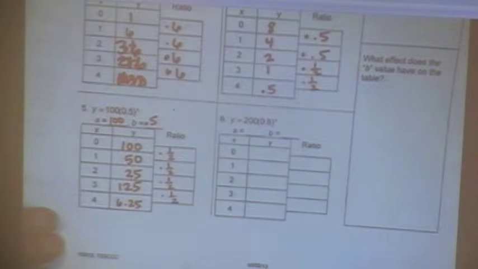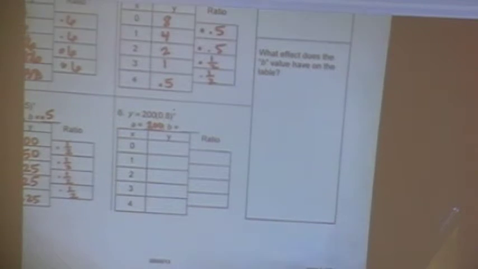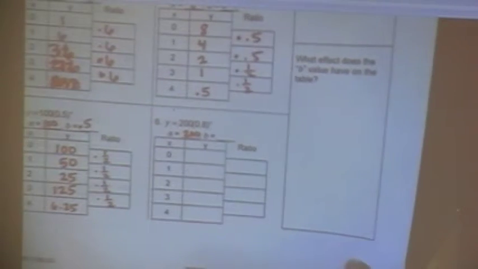Again, I'm multiplying by a half. So on number 6, my A value is 200, my B value is 0.8.